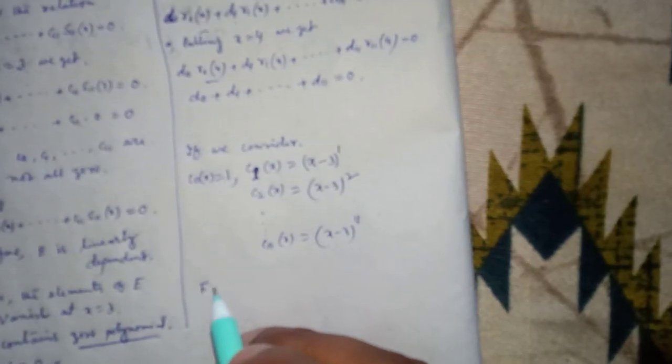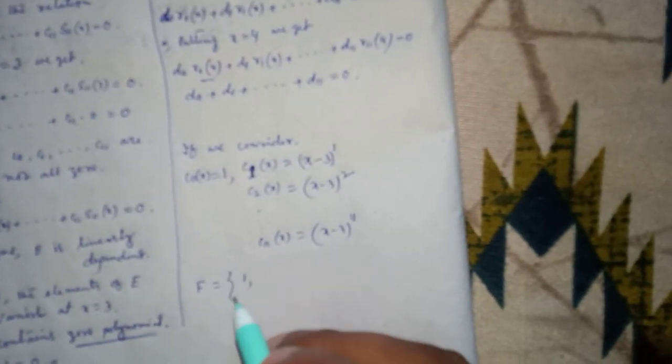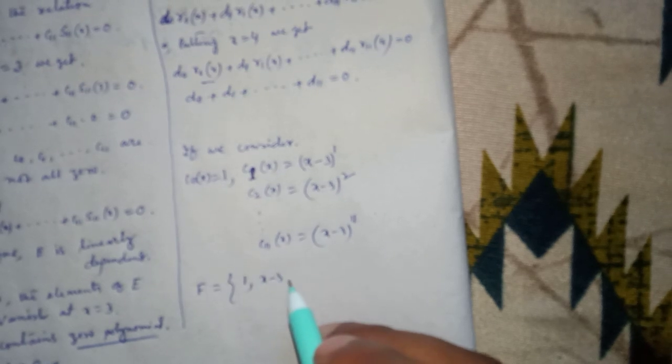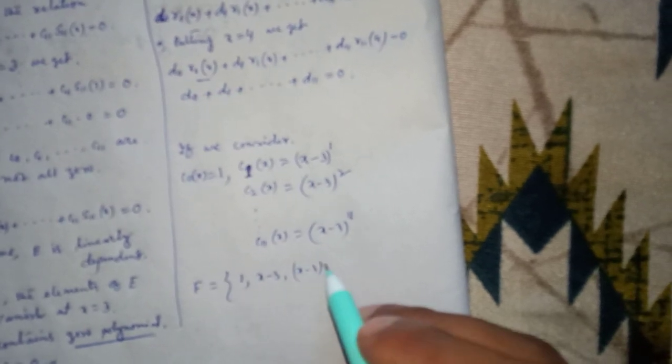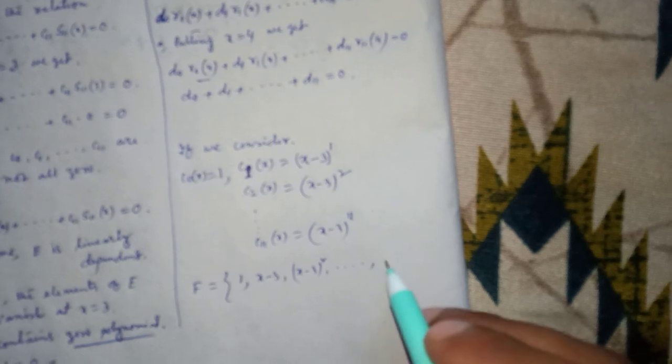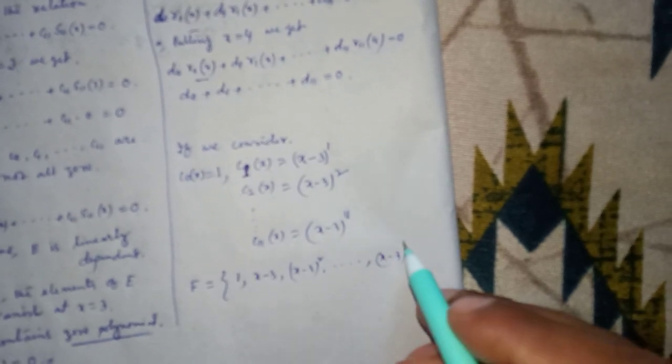Therefore, the set F will be 1, x minus 3, (x minus 3) squared, up to (x minus 3) to the power 11.